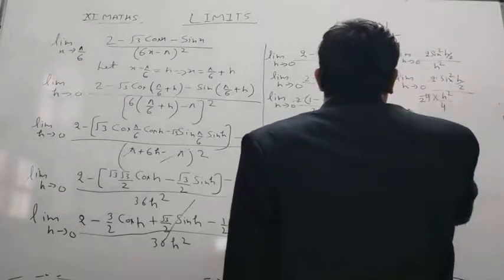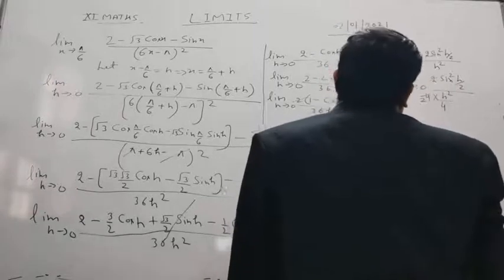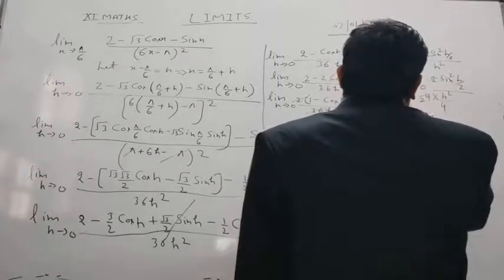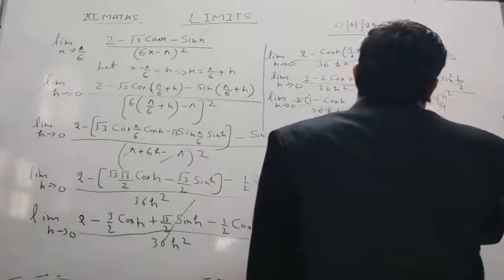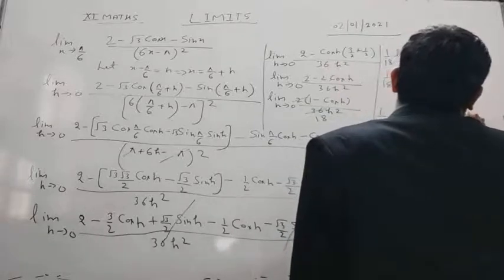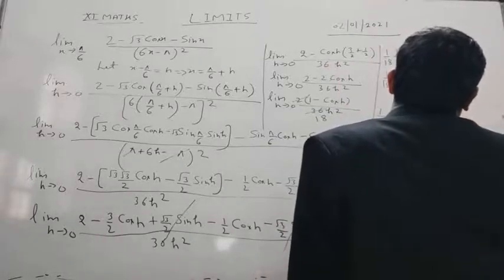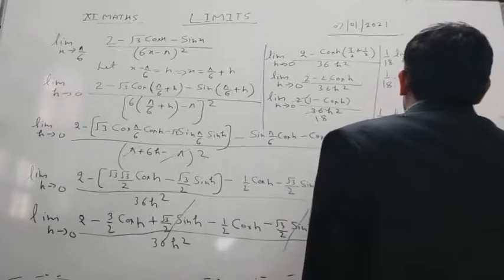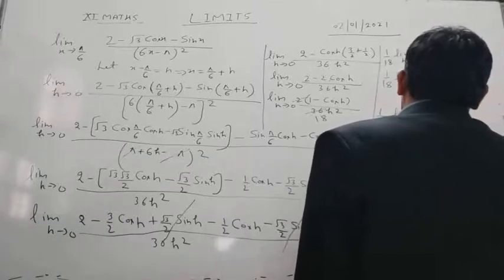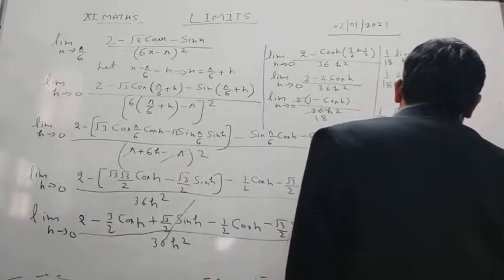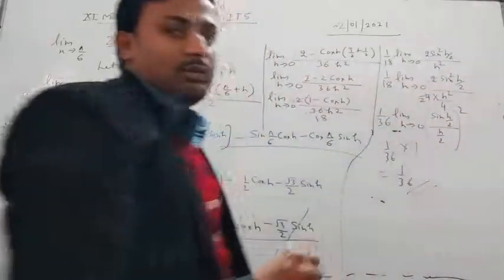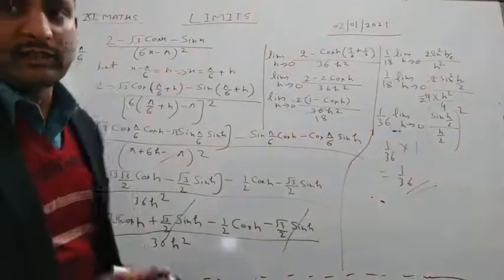This we can write as 1 by 36 limit h tends to 0 of (sin h by 2 by h by 2) whole square. And students, you know that this is equal to 1 and our answer will be 1 by 36.